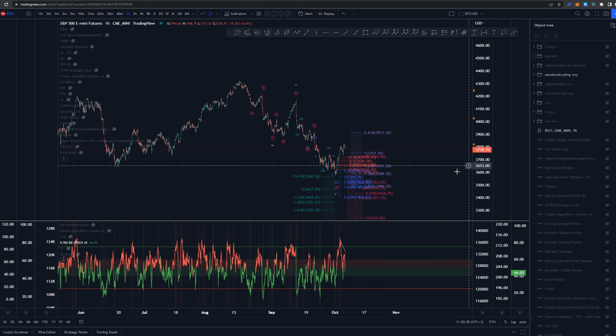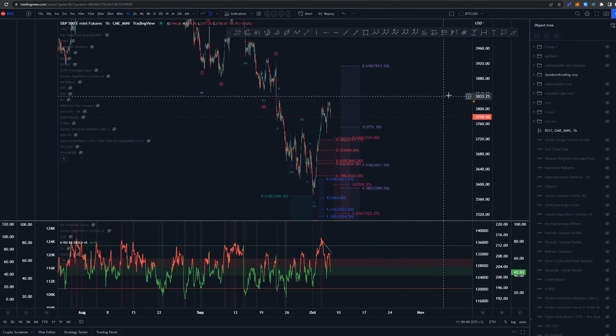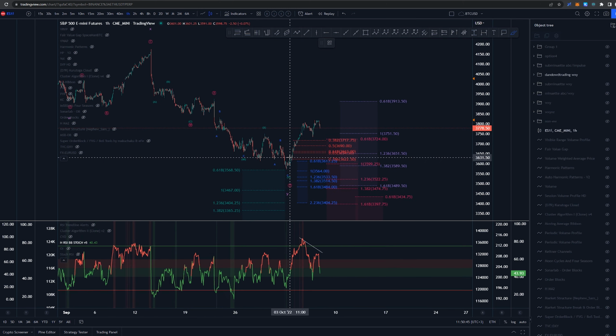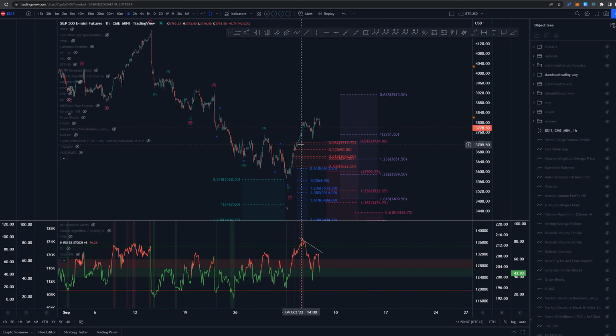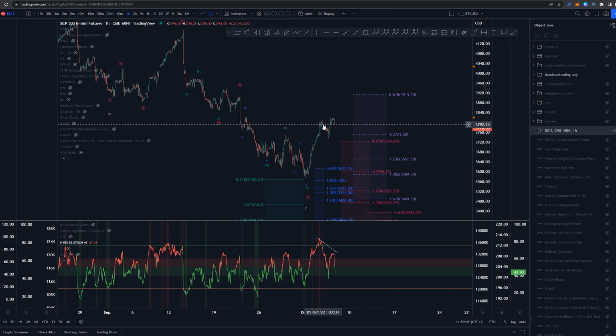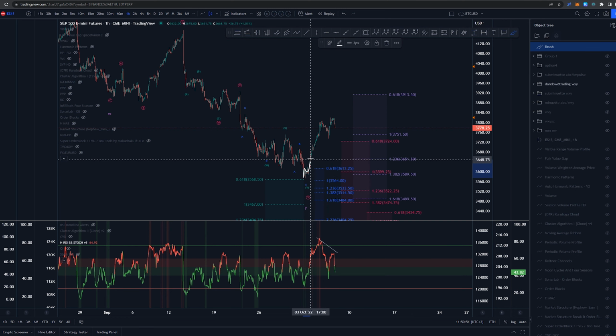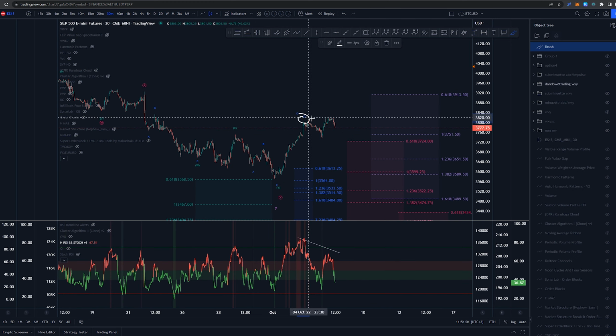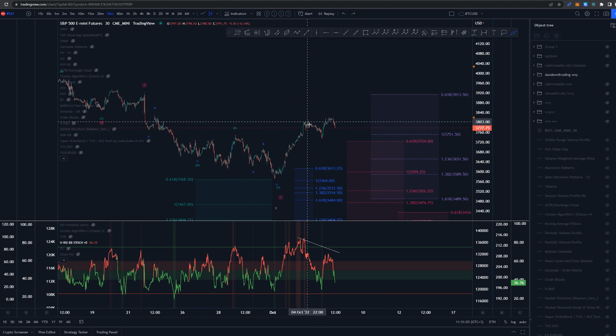So with that in mind, we would be looking for a five-wave structure over the lows, and that is exactly what we got. Now yesterday we were talking about the possibility of this being a 1, 2, 3, 4 and 5, or that this is going to be a 1, 2, 3, 4 and 5. The reason why I was preferring this to be still a 3 was just because of the RSI.